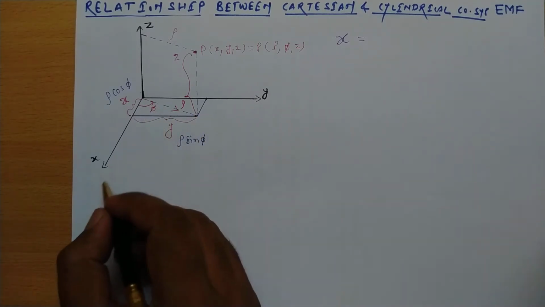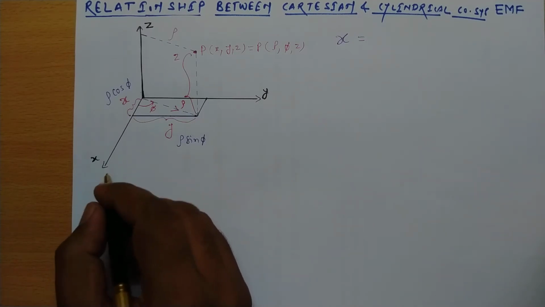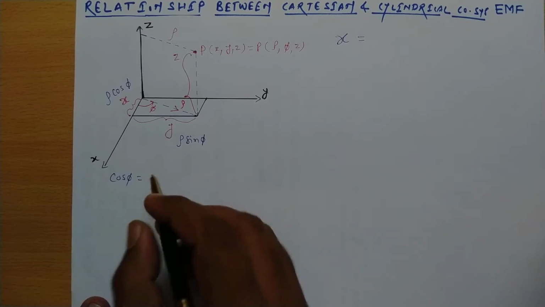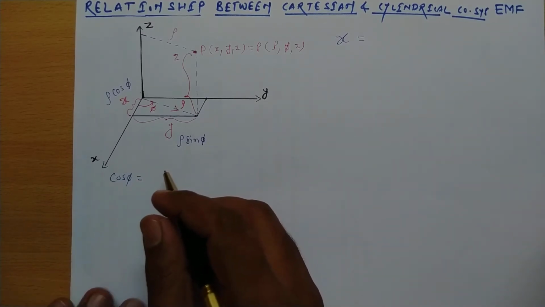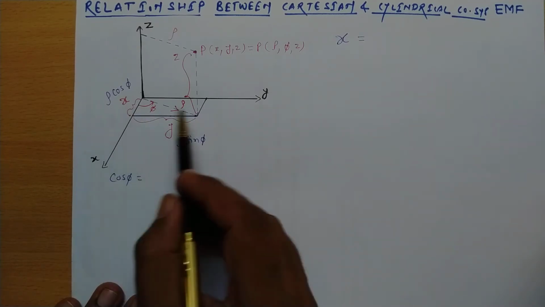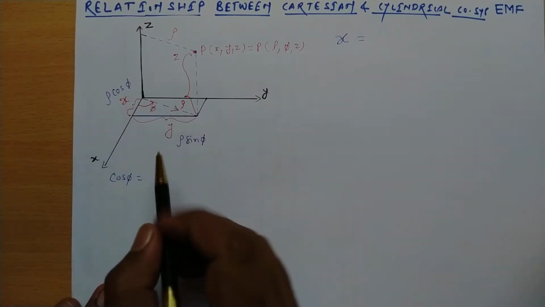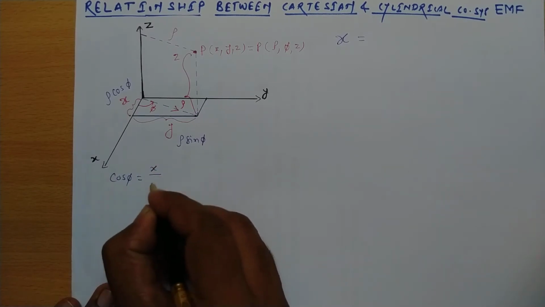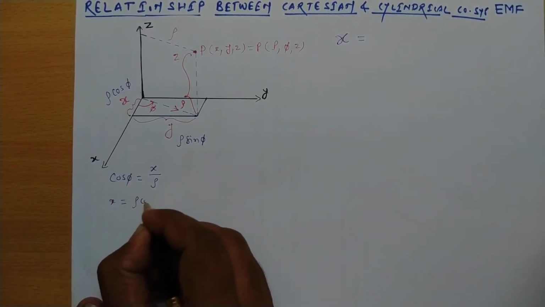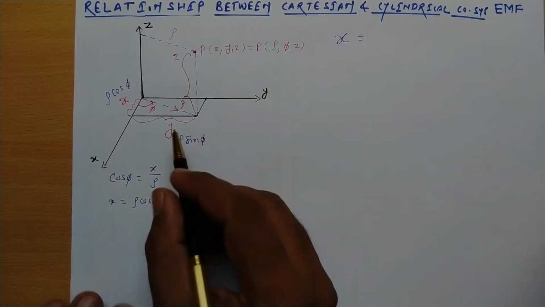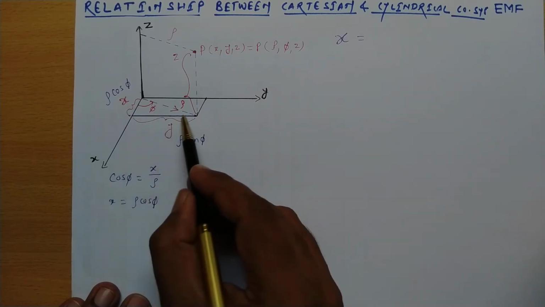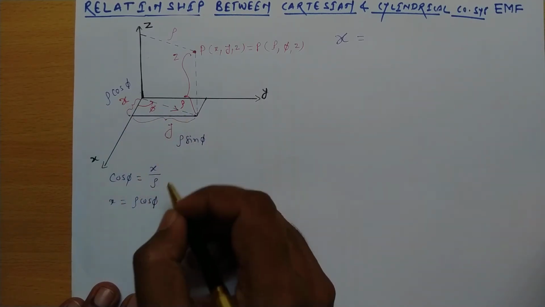So cos of phi is base by hypotenuse. The base is x, and the hypotenuse is rho. So cos phi is x by rho, and we can say x will be given as rho cos of phi.